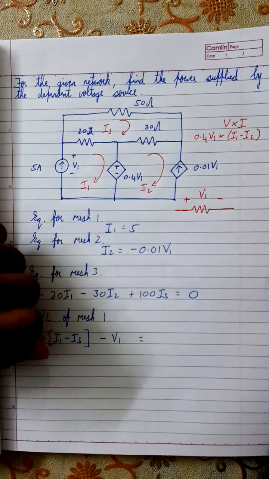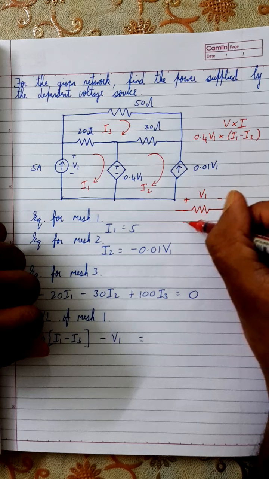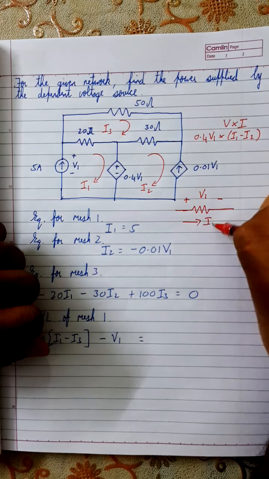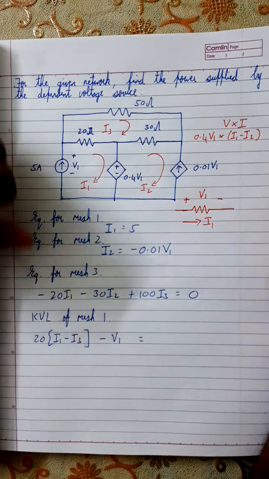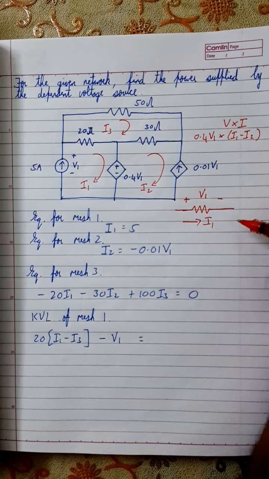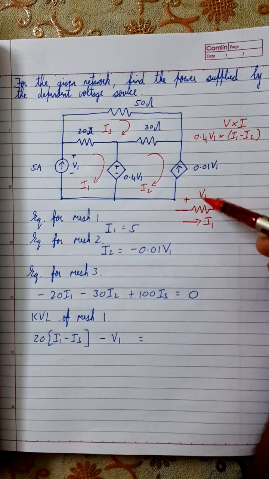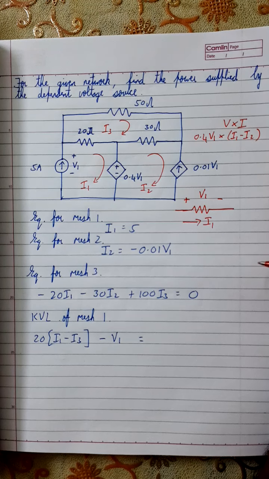And the current over here is I1, flowing from left to right. In any circuit, current always flows from a higher potential to a lower potential, which means that this voltage drop is positive. That's what this means.